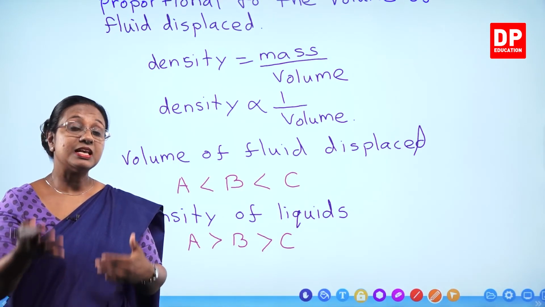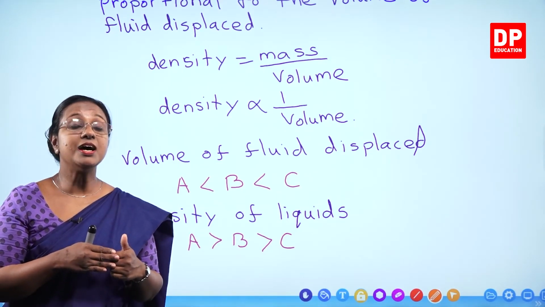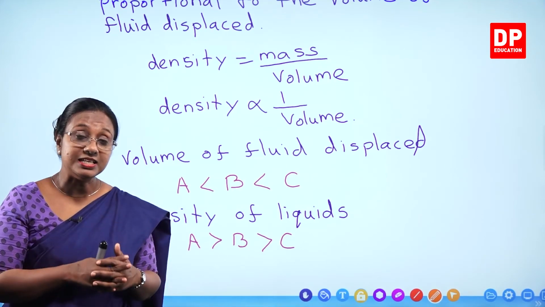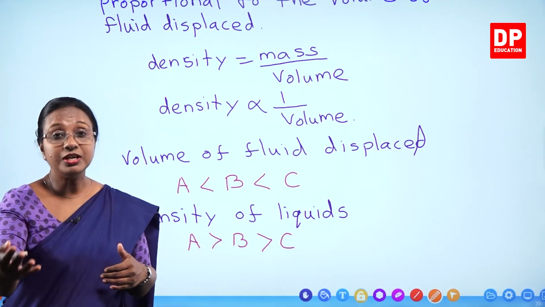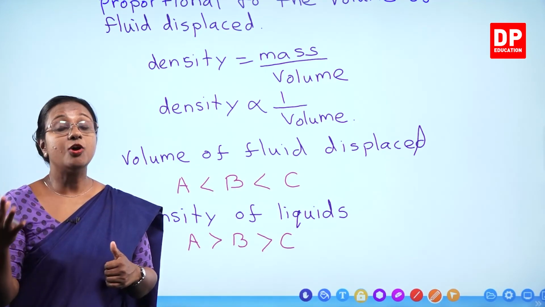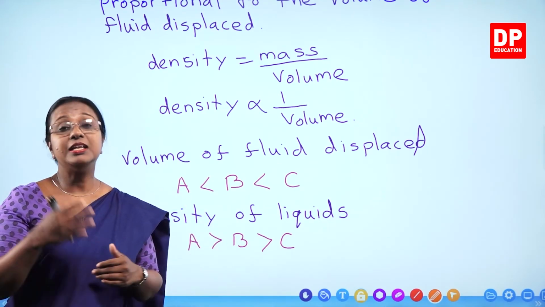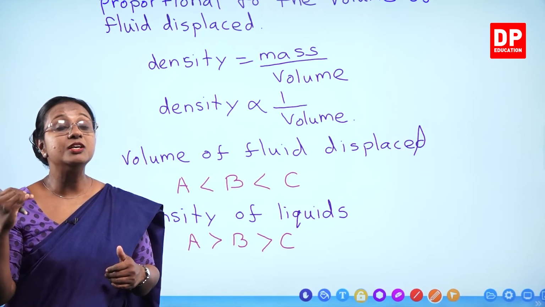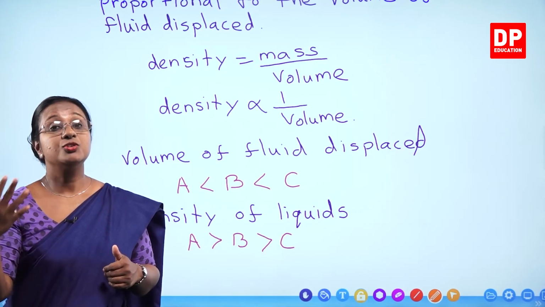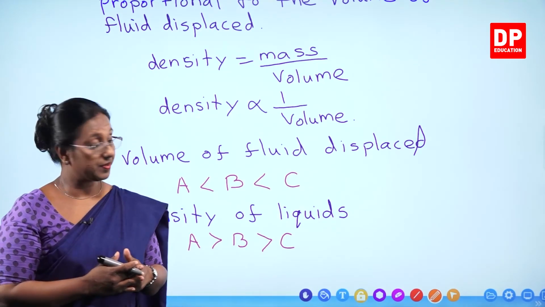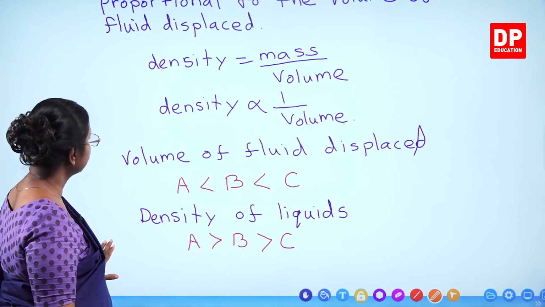The reason is the density of the liquids are different. When the density is less, it has to displace more fluid in order to exert the upthrust. When the density is high, it needs to displace only a small volume of liquid so that it can exert the upthrust. So this is the relationship.